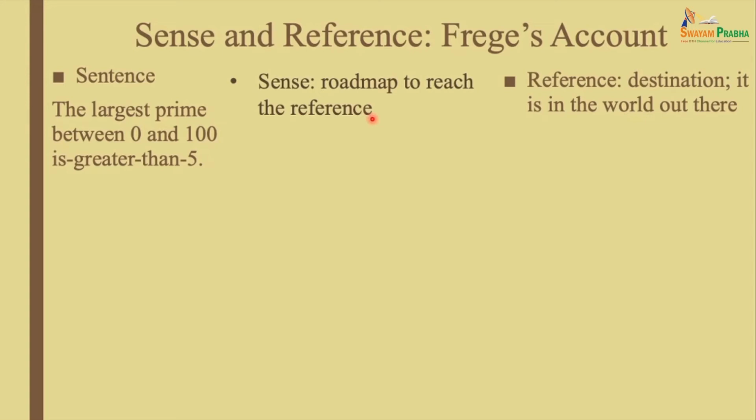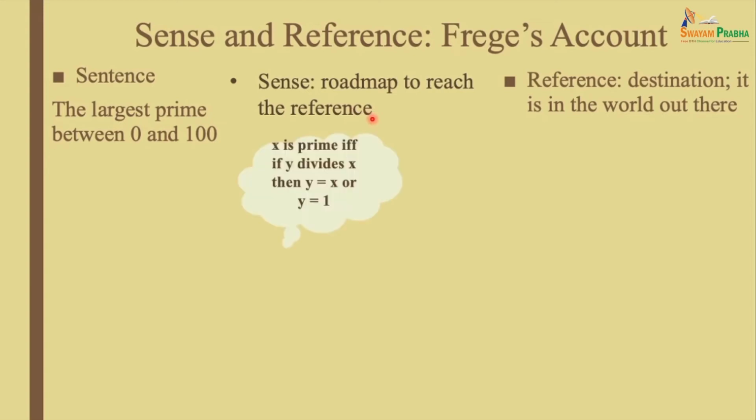It gives you a roadmap. So the senses of each element here: largest, prime, between 0 and 100. That gives you the reference. So the reference is here, 97. So 97 comes following this route. So this becomes the sense of it.